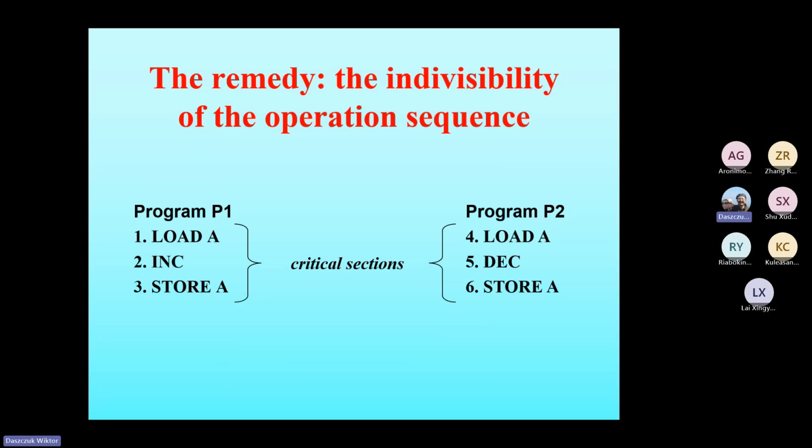It's because we can interrupt the sequence of operations on a shared resource. The sequence of operations that we should not interrupt is called a critical region.